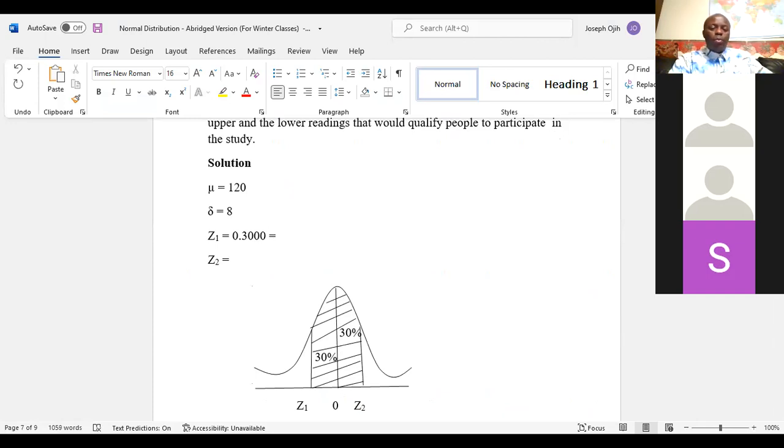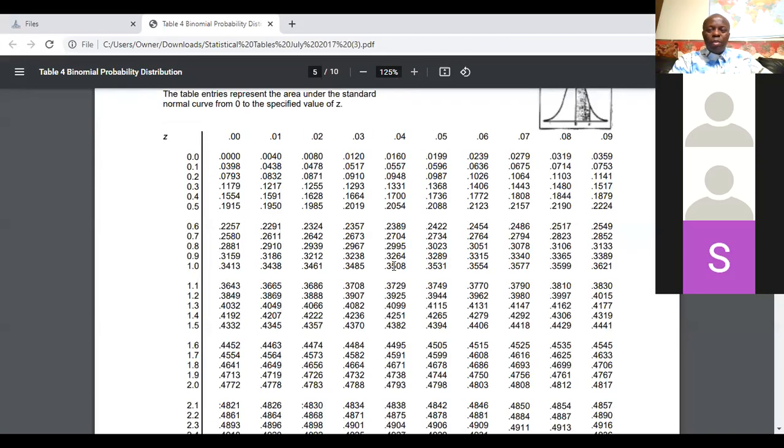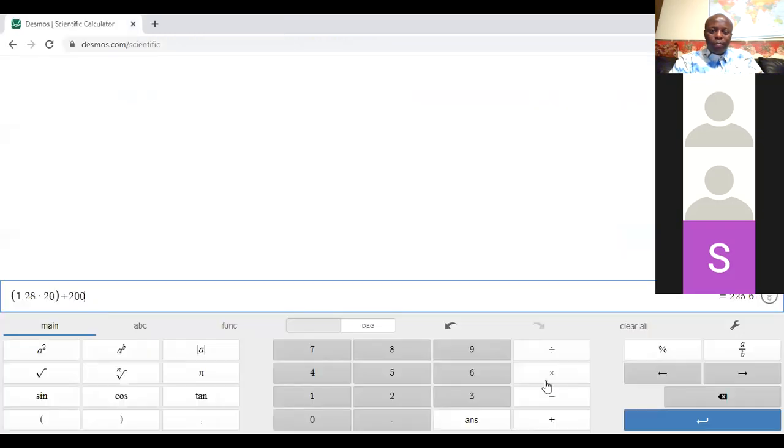Now we look for the number that is closest to 0.3000 on the table. If we don't see it, we choose the number that is closest. For example, 0.3000, if you ignore this mark, you can see that this one is 0.2995. Let's do the math. 0.3000 minus 0.2995.